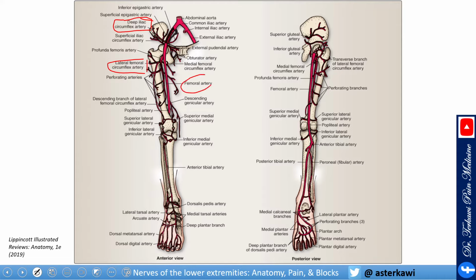Of course, the femoral artery is very important here. And when you go down, of course, the dorsalis pedis here. If you look at the back, of course, you have the popliteal here, and when you go up here, also the superior gluteal artery is very important.